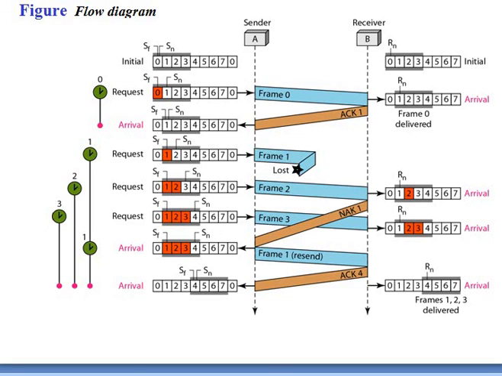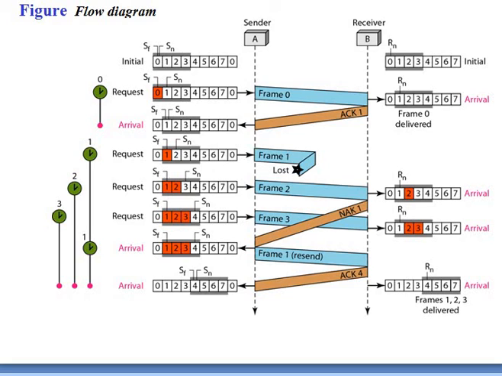At the receiver side, we need to distinguish between the acceptance of a frame and its delivery to the network layer. At the second arrival, frame 2 arrives and is stored and marked, but it cannot be delivered because frame 1 is missing. At the next arrival, frame 3 arrives and is marked and stored, but still none of the frames can be delivered.